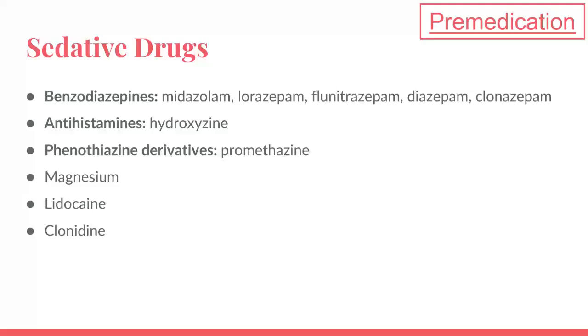Magnesium also has a role in pharmacological premedication due to its negative inotropic effect and its sedative, stabilizing effect on the circulatory system. It also blocks NMDA receptors, similarly to ketamine, which is an important element of multimodal anesthesia. Lidocaine, besides being a local anesthetic, can also be administered intravenously.